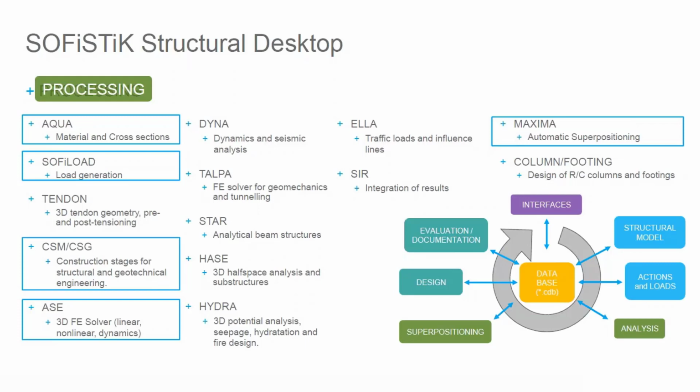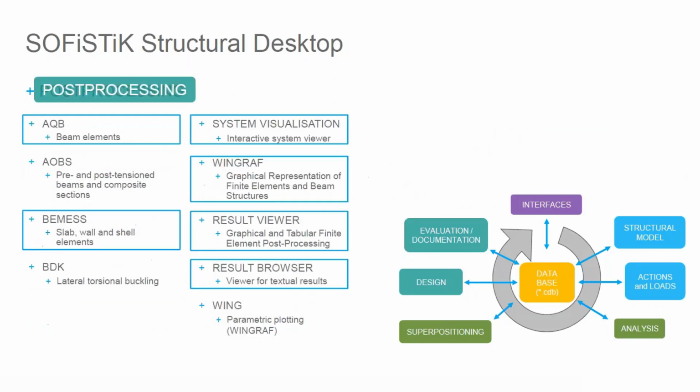CSM is responsible for construction stage management. ASE is the advanced solving engine and does the most work for you by calculating the systems. Last but not least, Maxima. Maxima does all the automatic superpositioning for you.